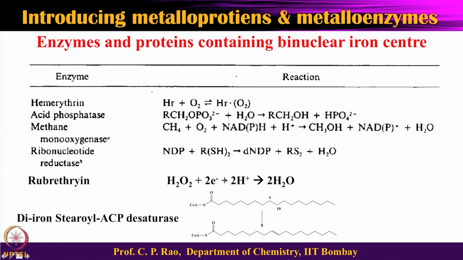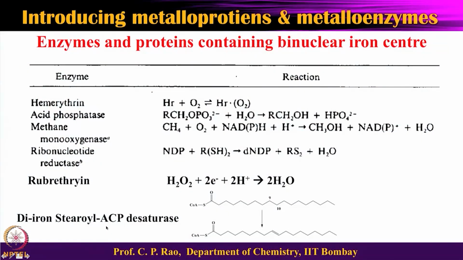These three cases we are going to study in a bit more detail, but in addition there is another di-iron enzyme, stearoyl ACP desaturase. It is the desaturase because there is a double bond. It creates an unsaturation in the saturated chain, and this is the kind of conversion.